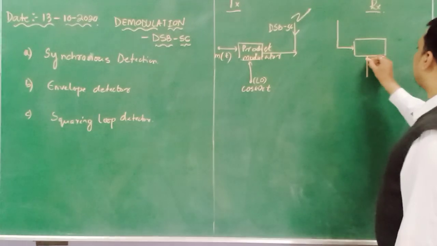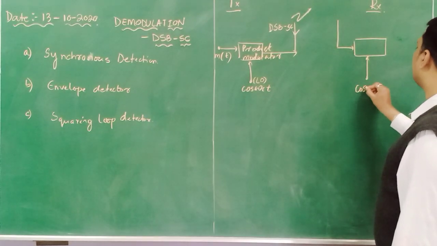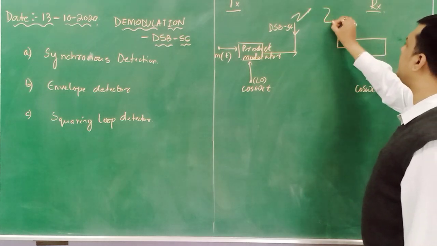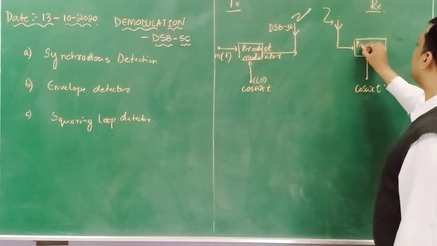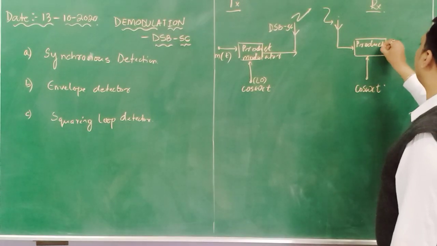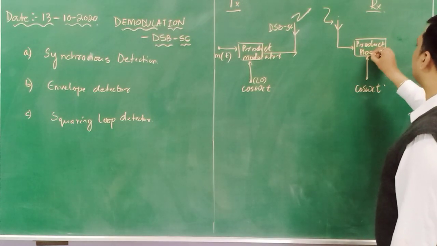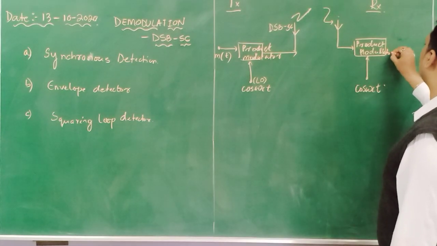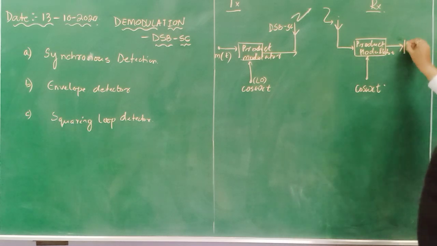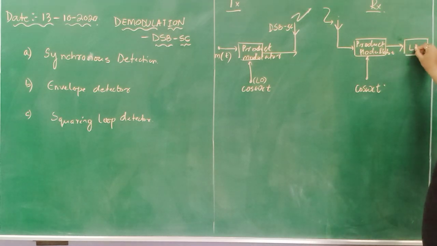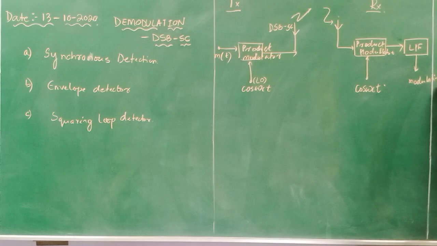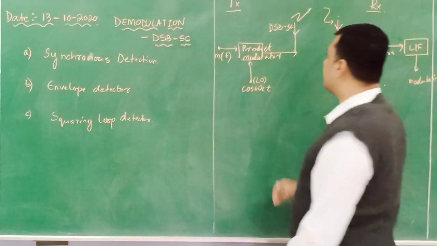So here I am providing cos omega_c t, and here I am receiving the DSB-SC signal, which is processed through the product modulator, or you can say a mixer, no problem. Then the output must be passed through the low pass filter, and this output must be our modulating signal. So this is the basic concept of our synchronous detection.